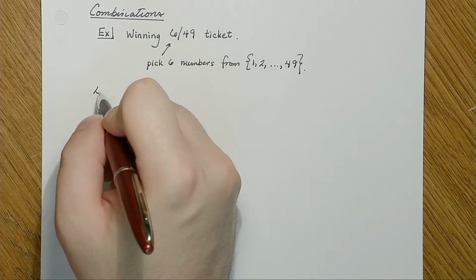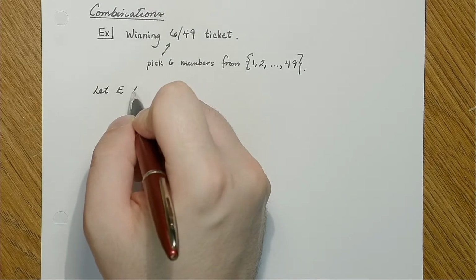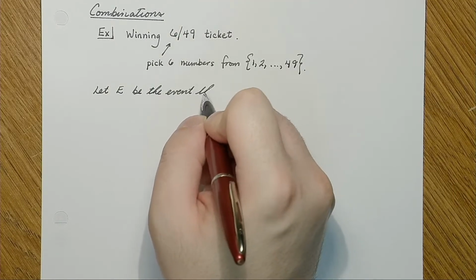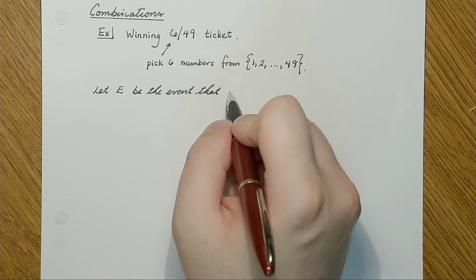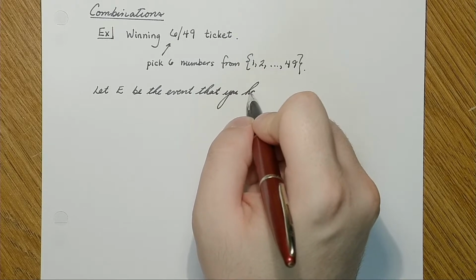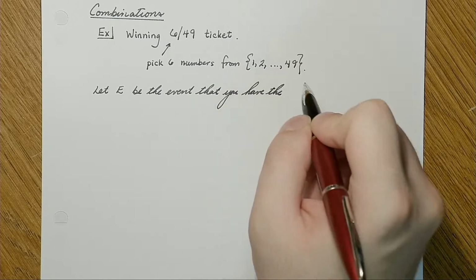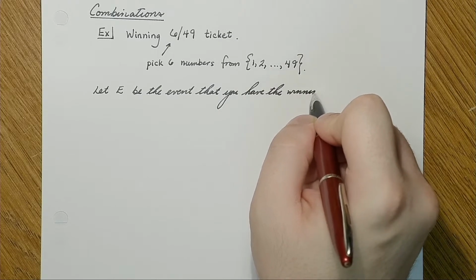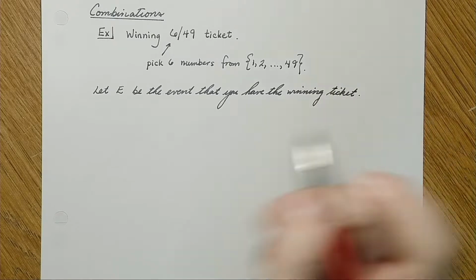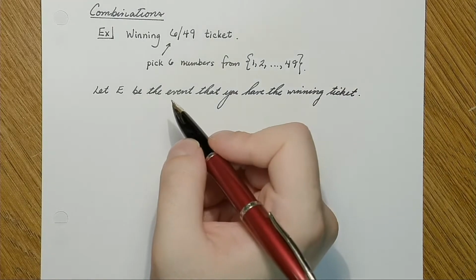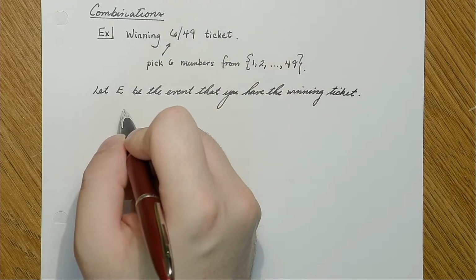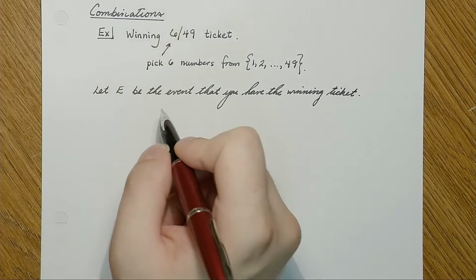So again, I can let E be the event that you have the winning ticket. And how many ways is there to have a winning ticket?